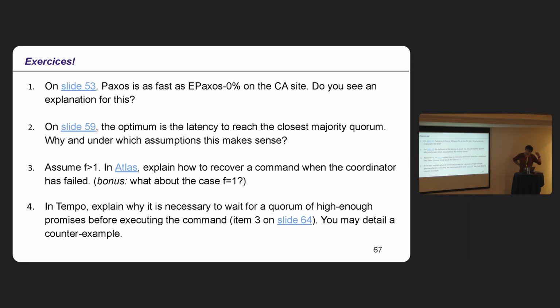The first question is about the performance of Paxos versus egalitarian Paxos on the Californian side. The question is, Paxos is as fast as egalitarian Paxos. Can you explain why?